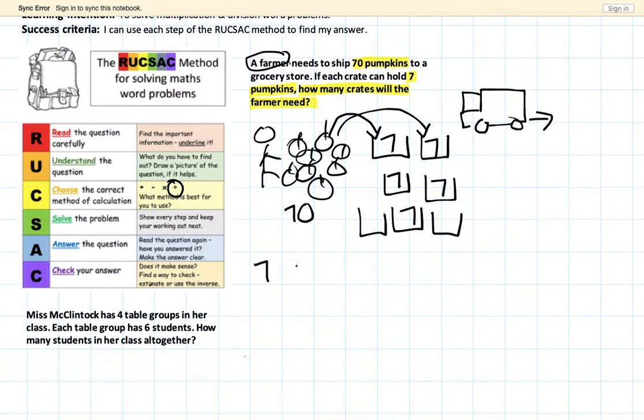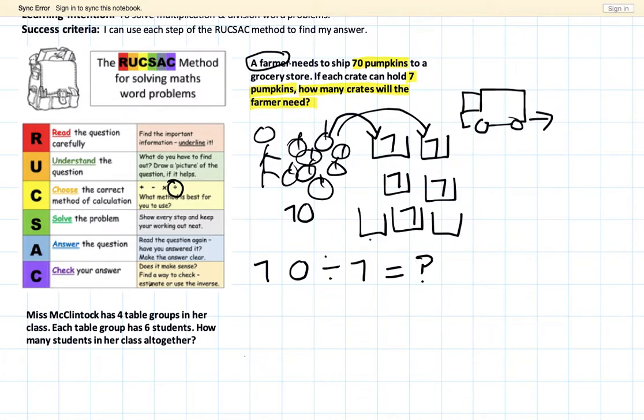70 divided by 7 equals. Now I went through this with some people in my class, but one of the ways you can find out the answer for this is by going the opposite way and thinking something times 7 equals 70.